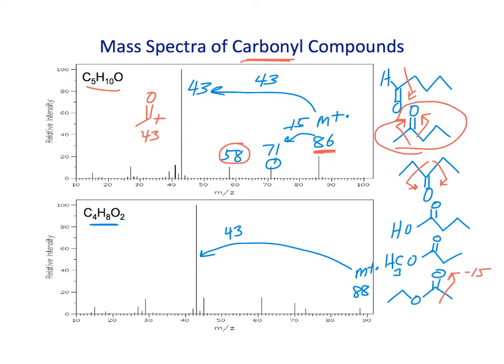So 88 minus 15 would give us a very small 73. That doesn't happen too much. But the bigger one, if we cleave like this, is a loss of 45, right? Minus 45, and that gives us 43. That gives us the same ion we saw up above.